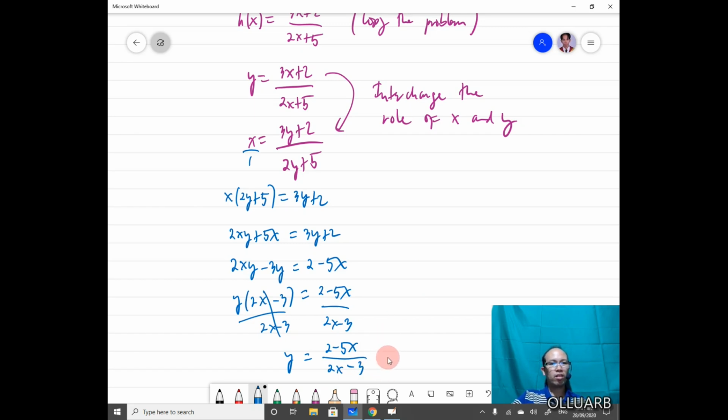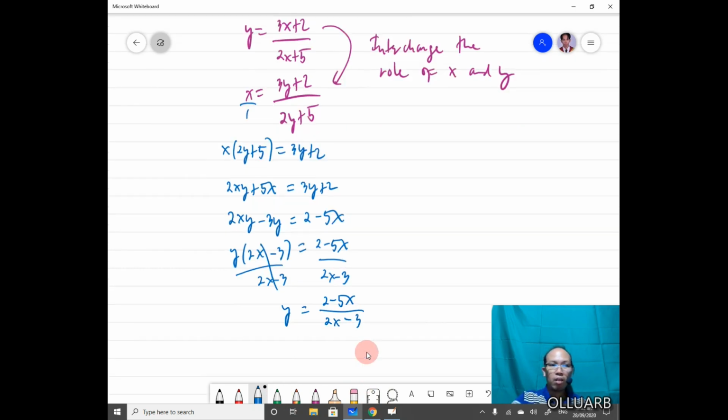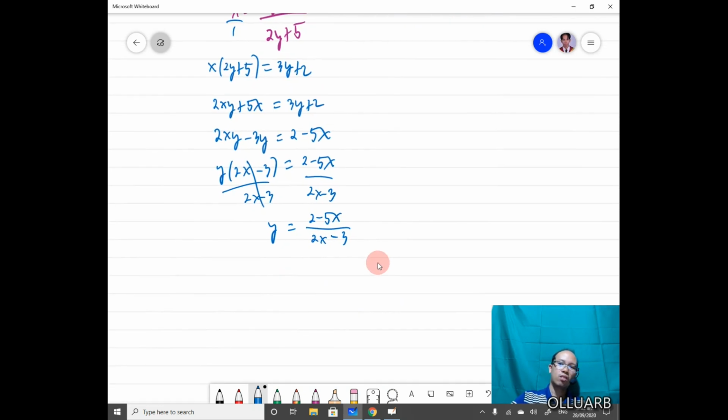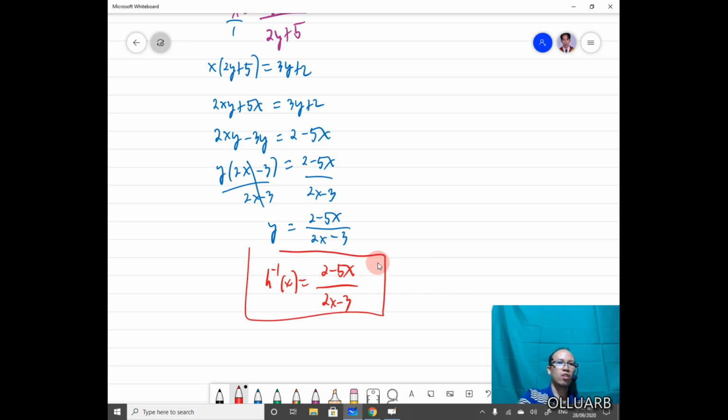Finally, we are done. This is our h inverse of x: 2 minus 5x over 2x minus 3.